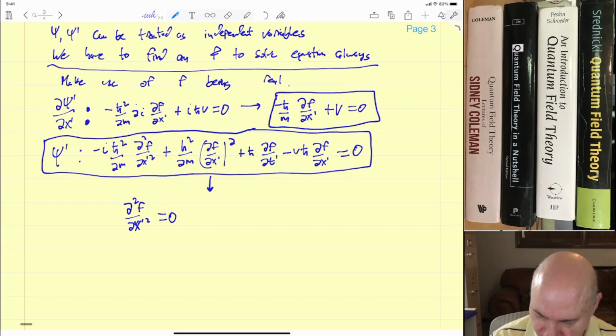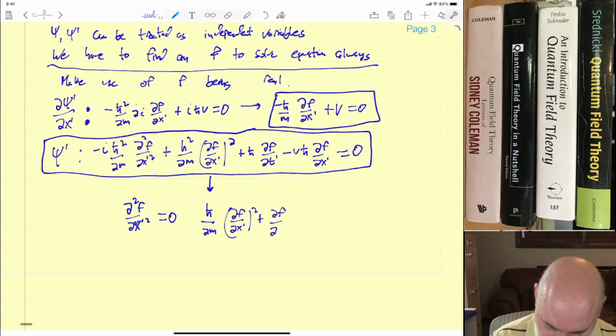Here's where we're using the reality of f. So the other equation is, canceling h bar here, h bar over 2m, partial of f with respect to x prime squared plus the partial of f with respect to t prime minus v the partial of f with respect to x prime equals 0. Okay.